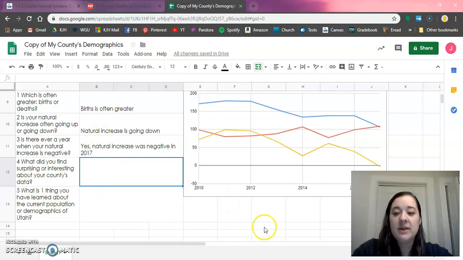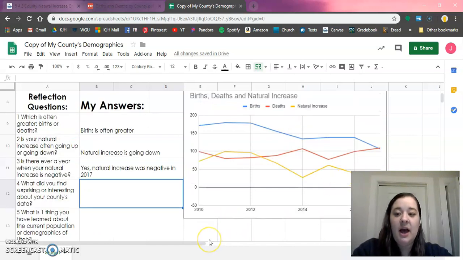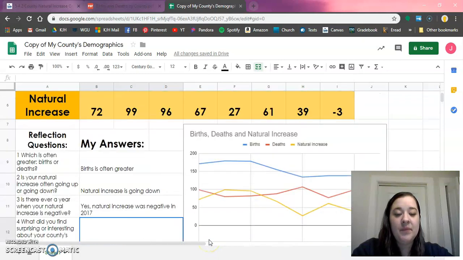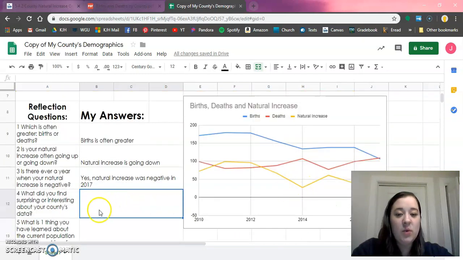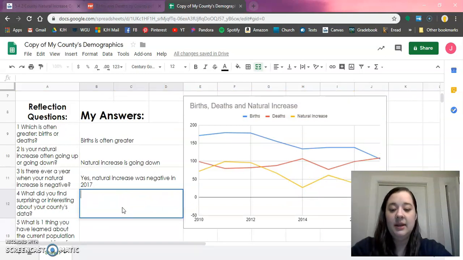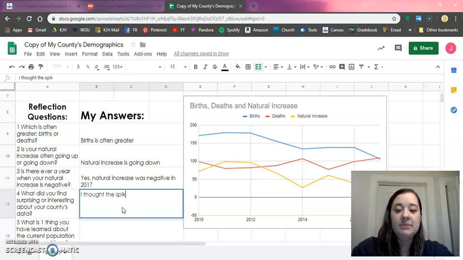What did you find surprising or interesting about your county's data? Well, what I found interesting was the spike in deaths in 2014, personally. I thought the spike in deaths in 2014 was interesting.